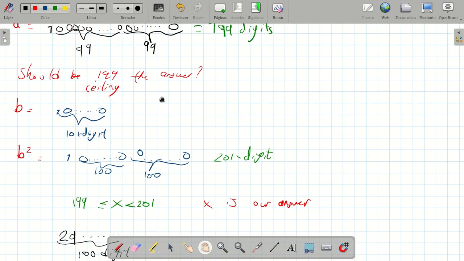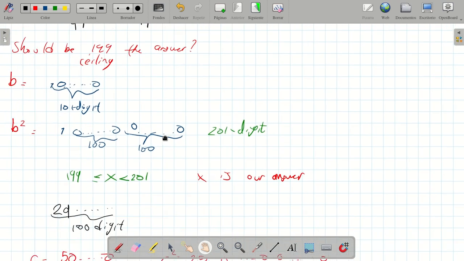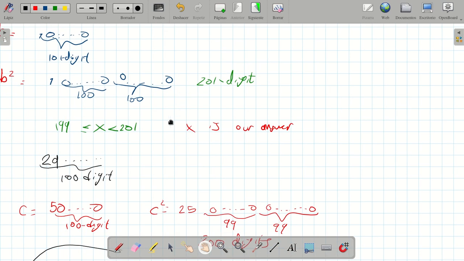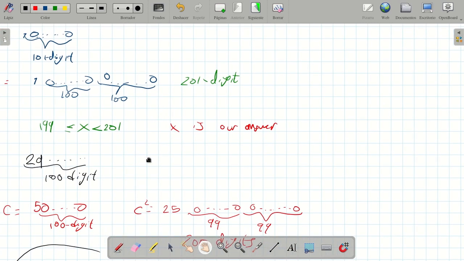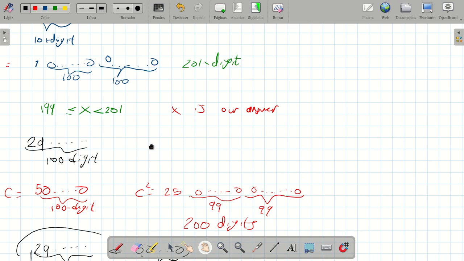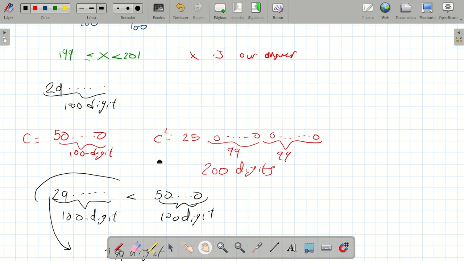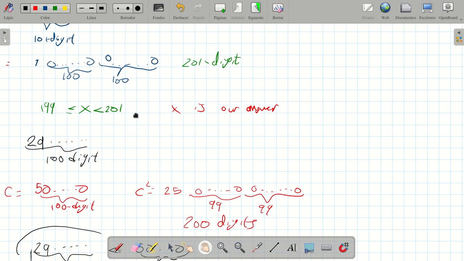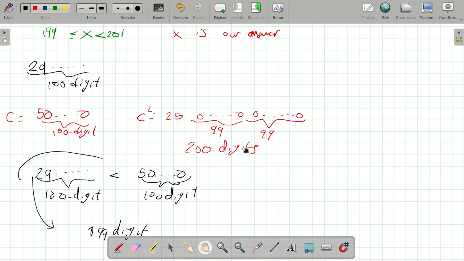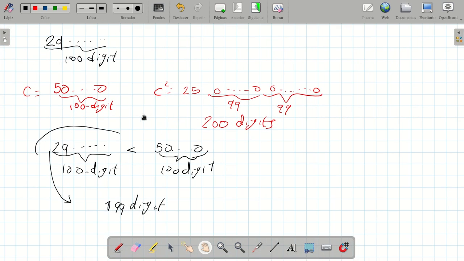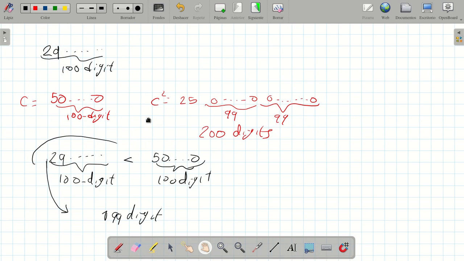To make sure, we took bigger numbers and counted the digits they would have if we square them. We found a bigger number has more digits when squared, which makes us think that 199 is the number of digits when we square it.